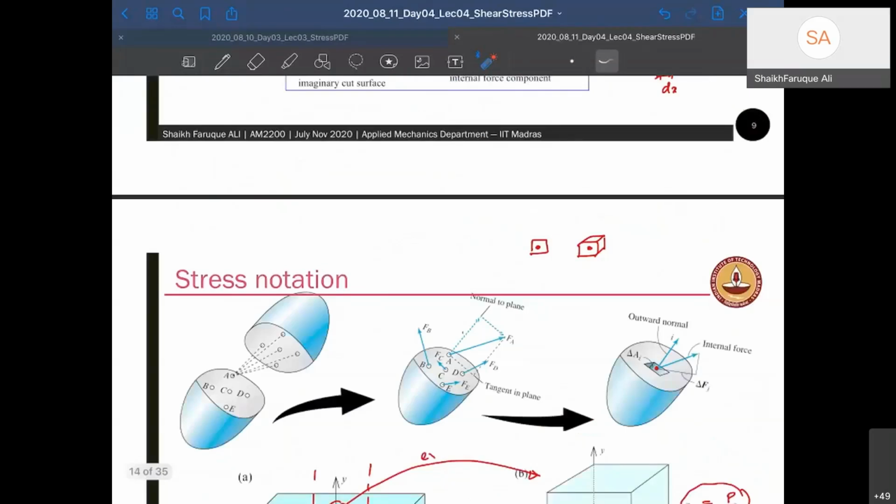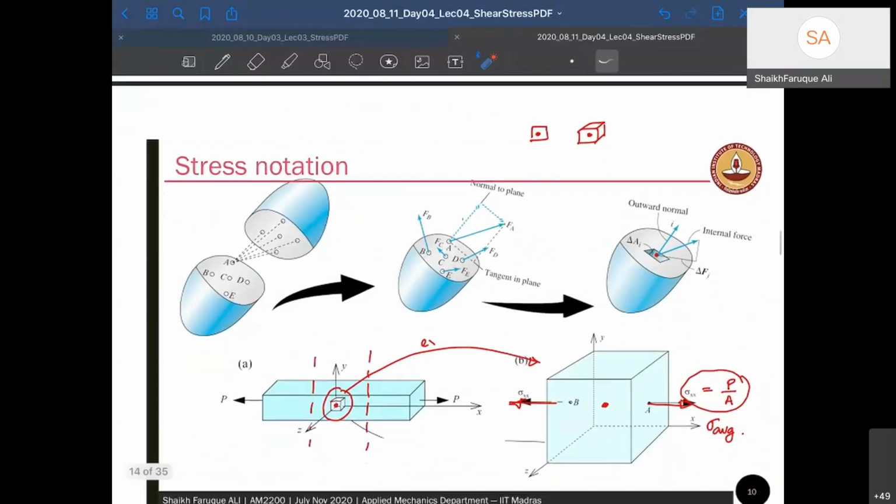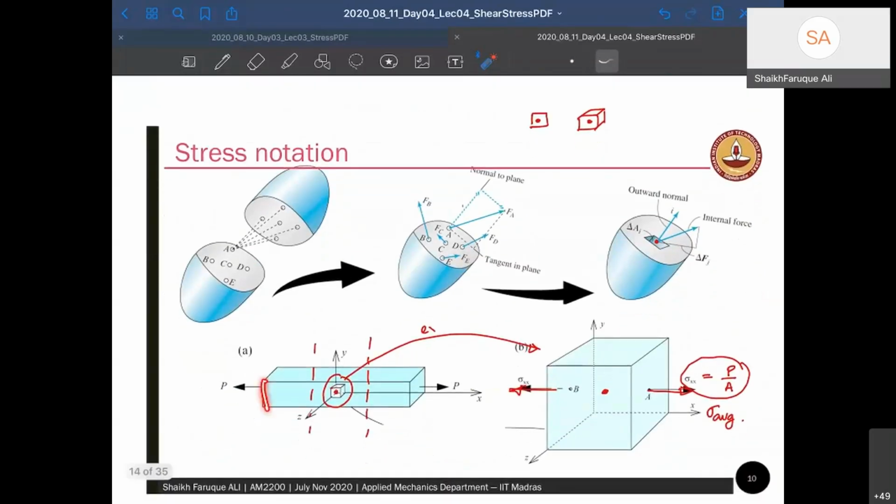Okay. So this is the same figure that we have. You can see that if you have an axial member under a force P, and you consider a small point within that domain, and then a small cube, since there are no other forces acting in other directions, it will have one stress along this direction and the other stress along this direction.